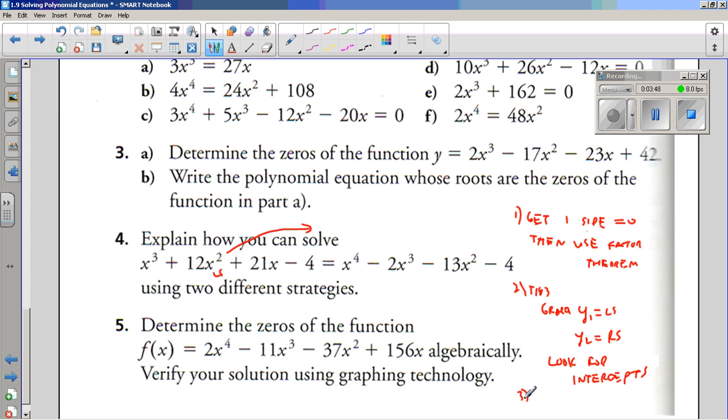Number 3, which we actually didn't do in class, would be a kind of combo of these 2 things, is that I could move all this over to one side, get one side equal to 0.